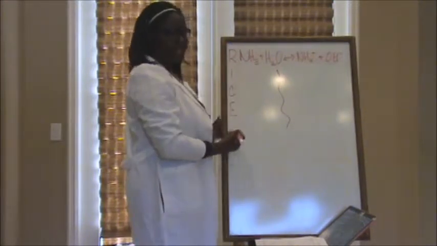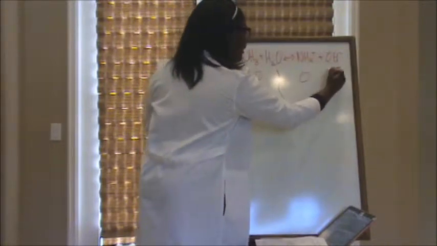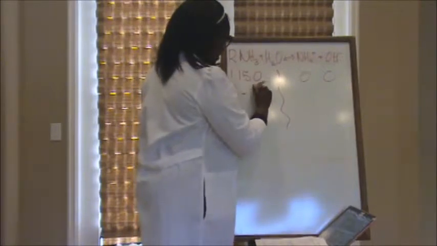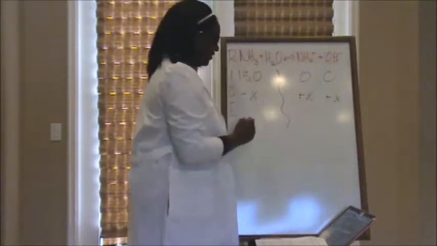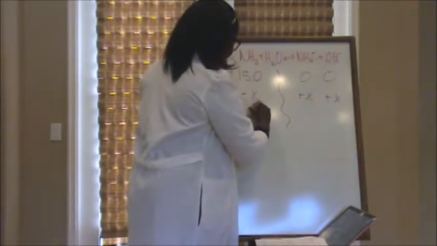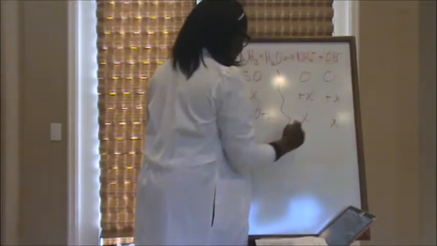The initial concentrations are 15.0, 0, and 0. The changes in concentration are minus x, plus x, and plus x. The concentrations at equilibrium are 15.0 minus x, x, and x.